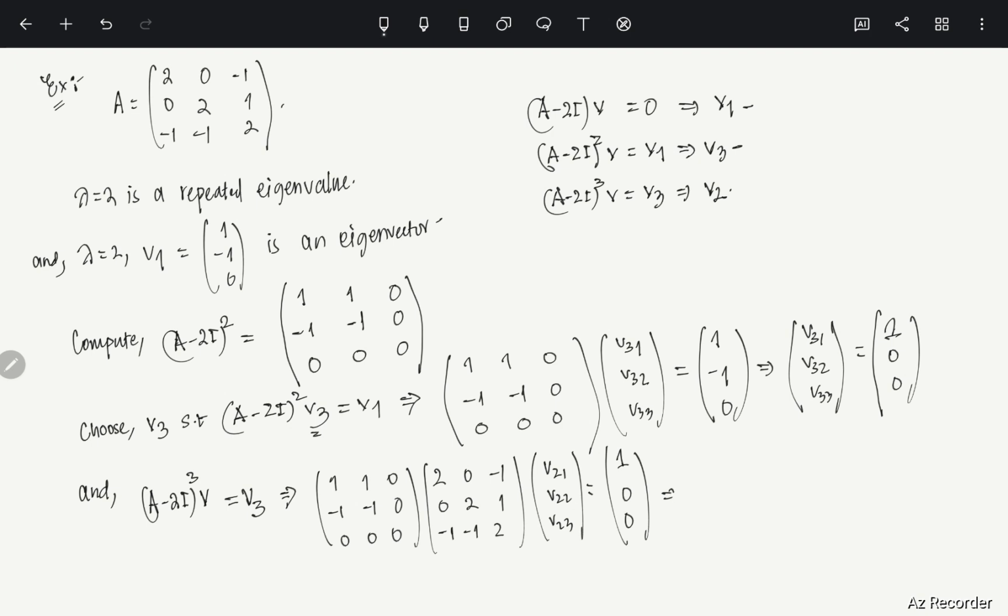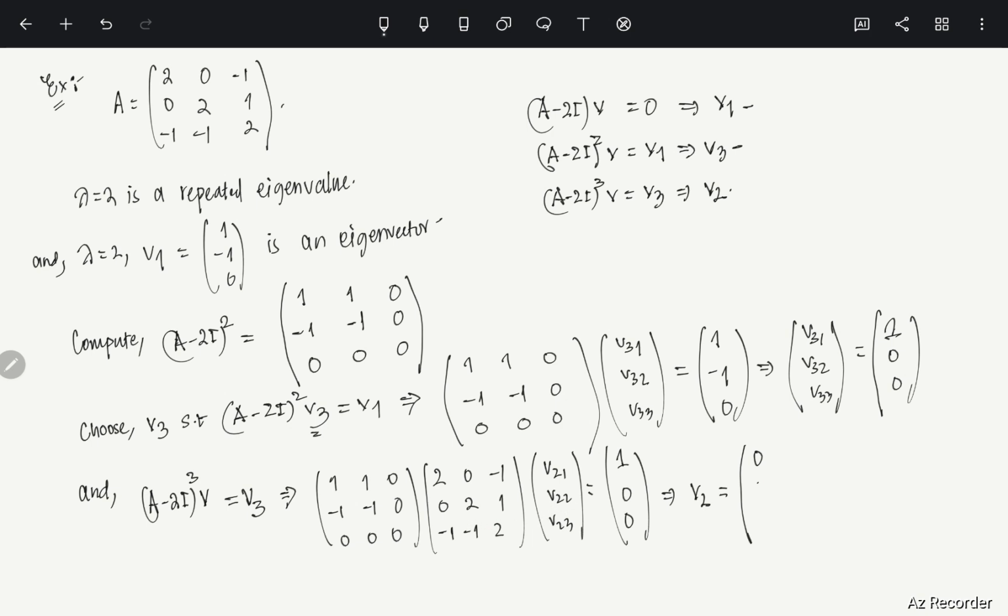Now if you calculate, we are going to get v2 here. If you calculate it, you see it is 2, and 0 0. So the first thing is you are going to get 0, and then minus 2 minus 2, 2 4 times v1 v2 v3.